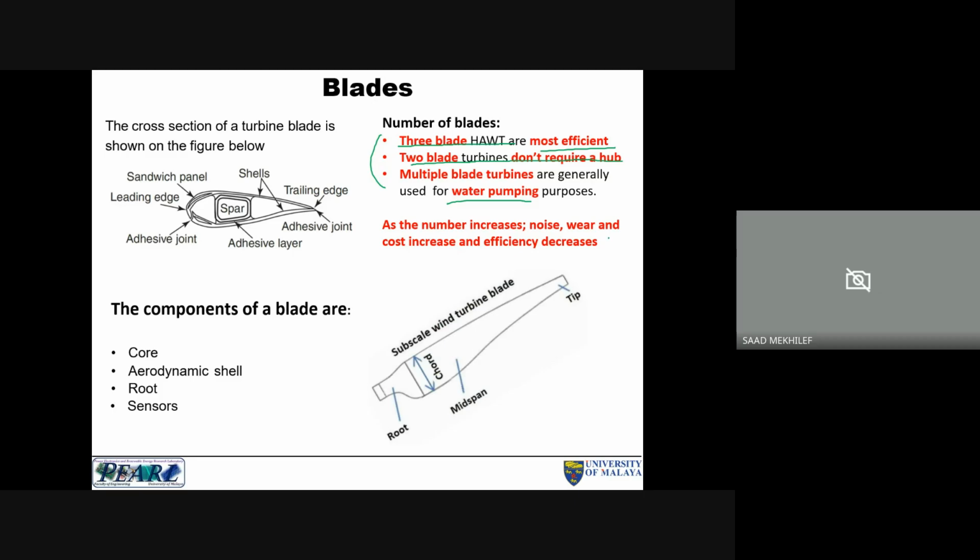But for water pumping, usually very small in size, we require multiple blades and less interaction, because when you have the blades close to each other, they will interact. The wind that passes through one blade will interact with the other one. So there should be a minimum distance between the blades.